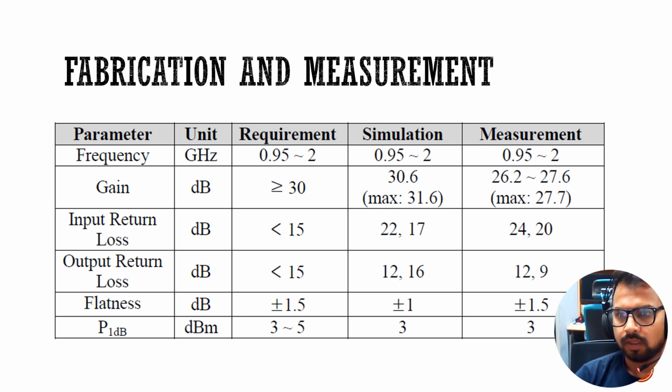The units are gigahertz for frequency, dB for gain, input return, and output return, and dBm for P1dB. The requirement for frequency is 0.95 to 2 gigahertz, gain is greater than or equal to 30 dB, input return loss less than 15, output return loss less than 15, flatness almost equal to 1.5, and P1dB 3.5 dBm.